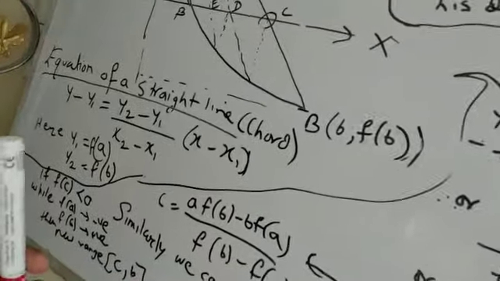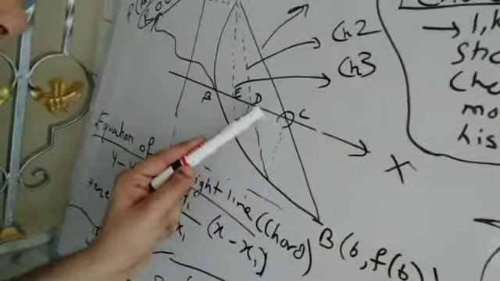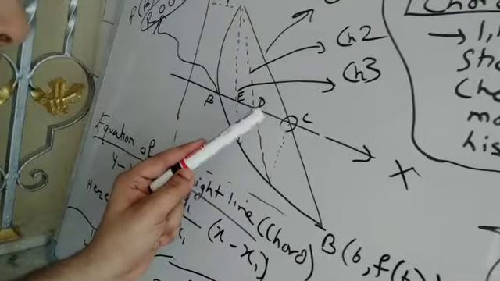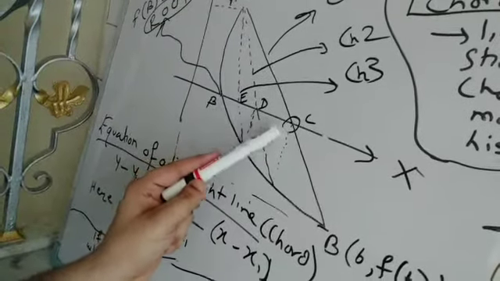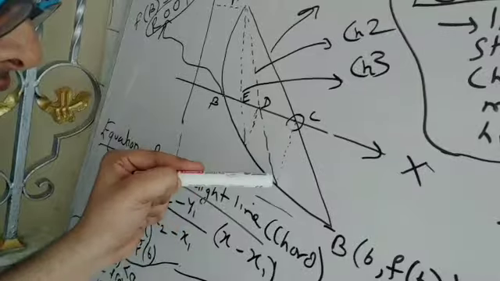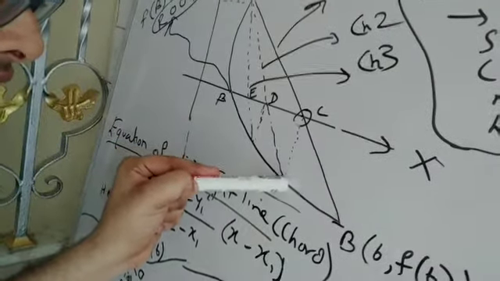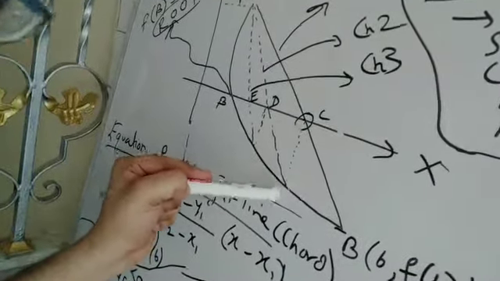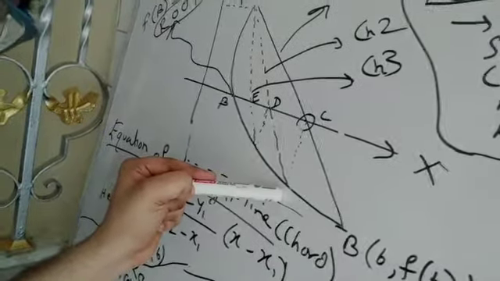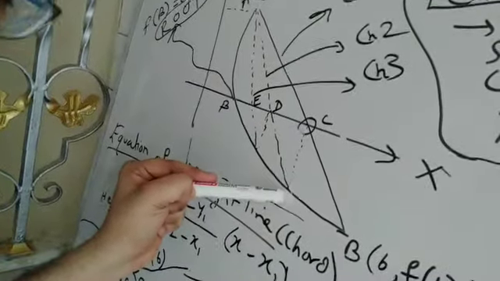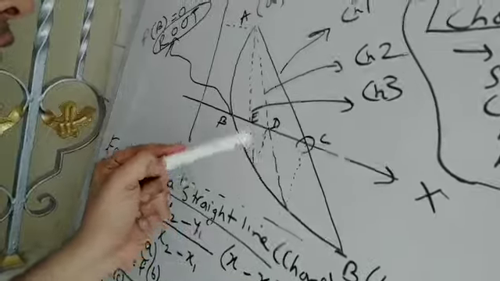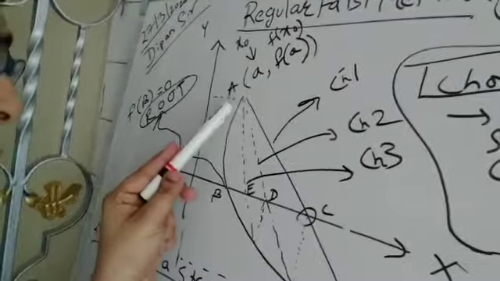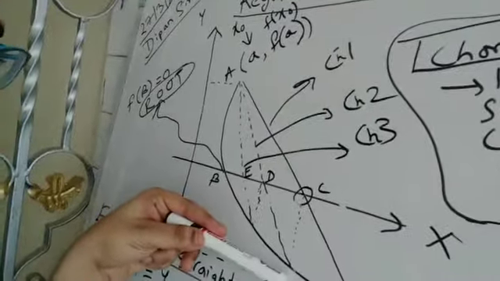Then what you can do is, so this point is C. Now check the value of the function at the point C. If you draw a line, see, here FC is basically negative. So if FC is negative, then what will we do? We will again draw a chord from A to this new point.